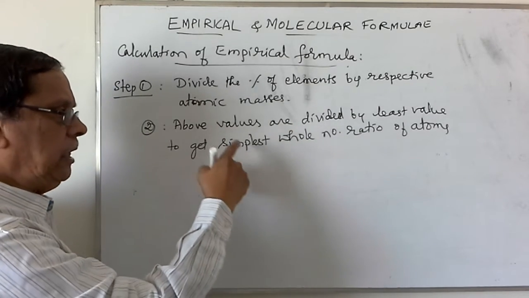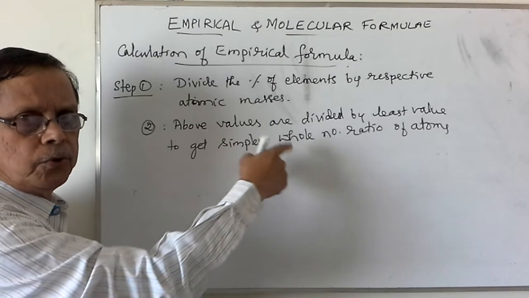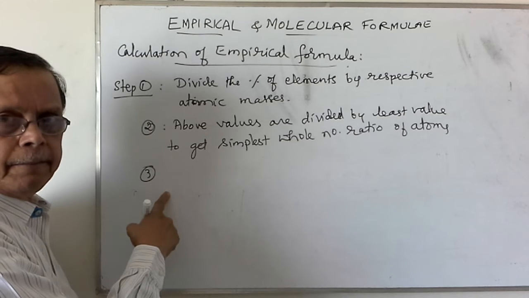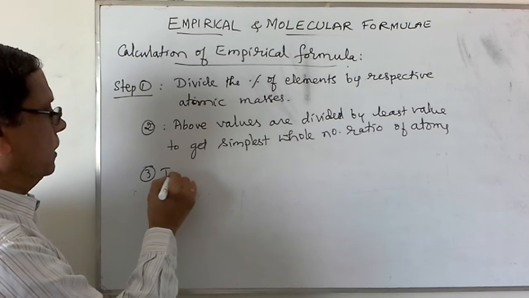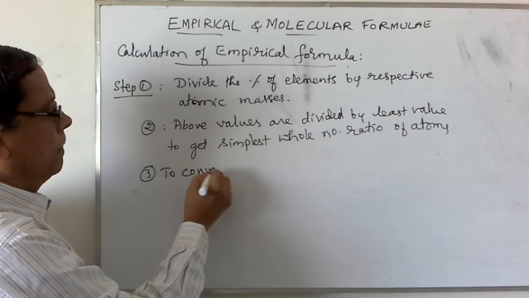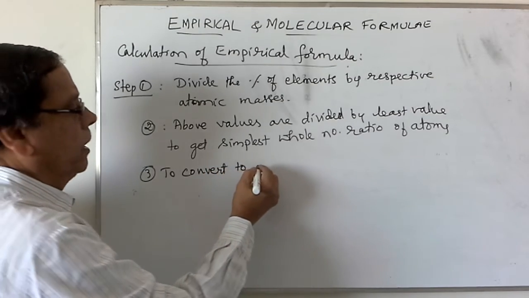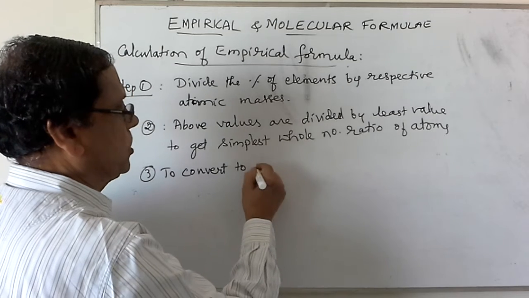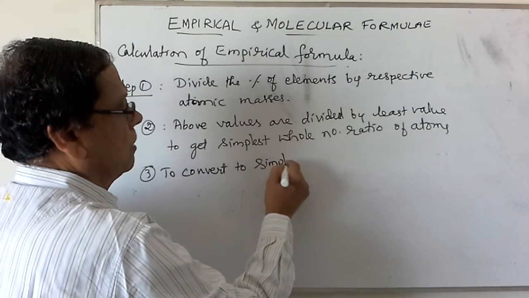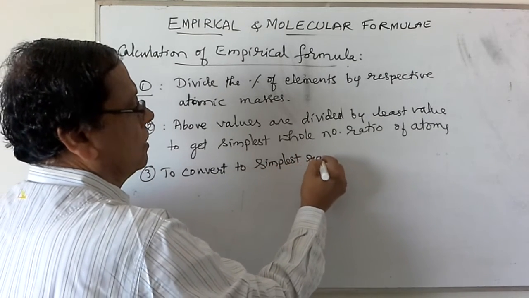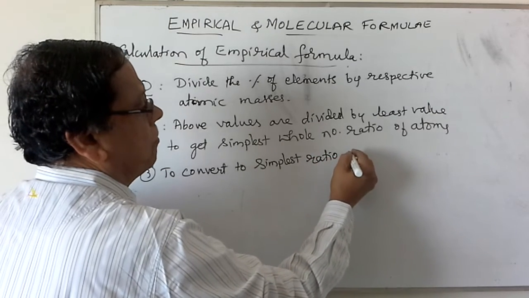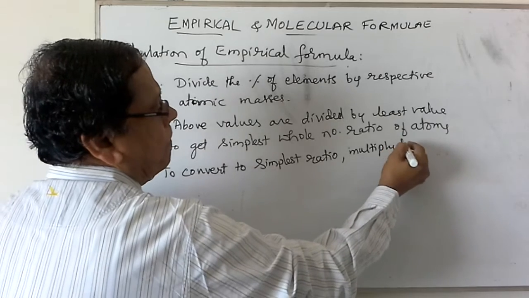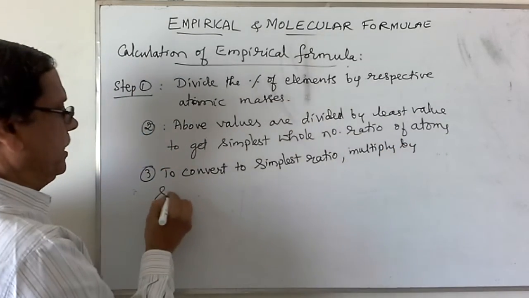But here, even if this step does not give you the whole number ratio, then we have to go for this third step. To convert to the simplest ratio, multiply by a suitable integer.